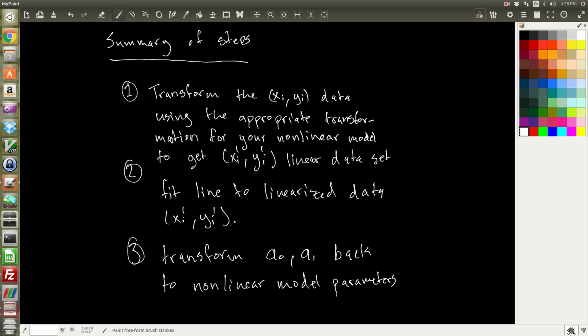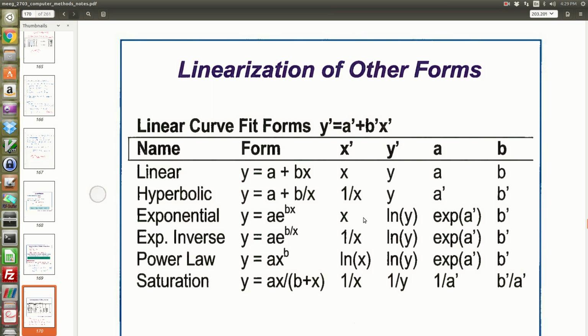Let me see if I can pull up a slide here showing all the linearizable forms. All right. Here's a list of the linearizable forms. So we've got hyperbolic. It shows you in this table the name of the form.